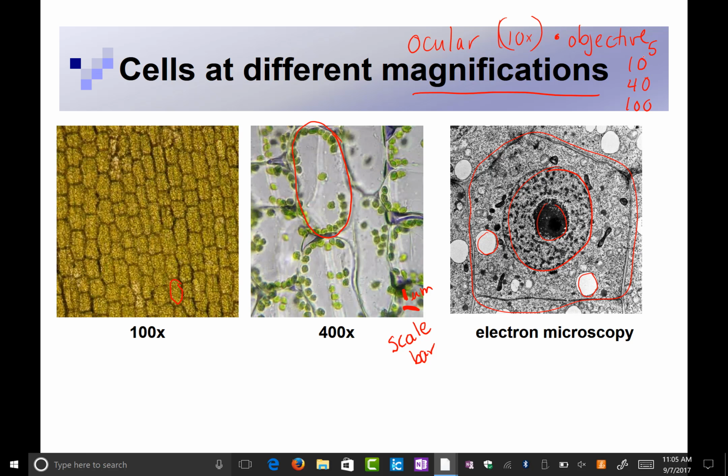So that your total magnification, 100x, would be from a 10x ocular and the 10x objective, 10 times 10.